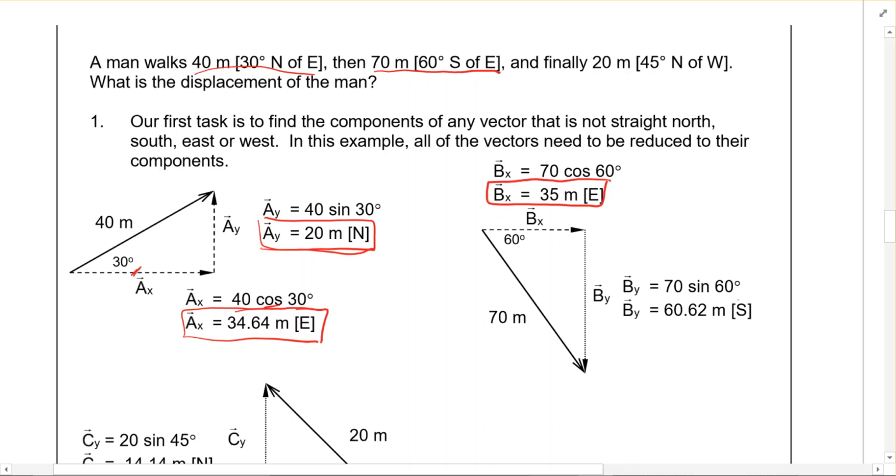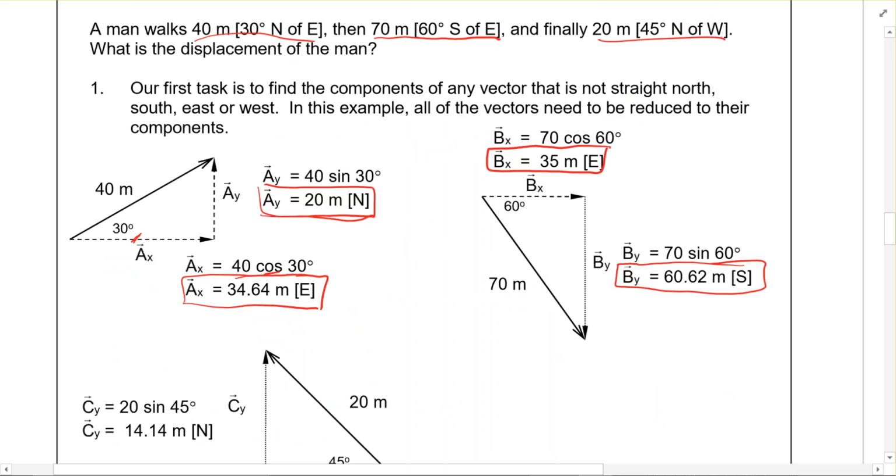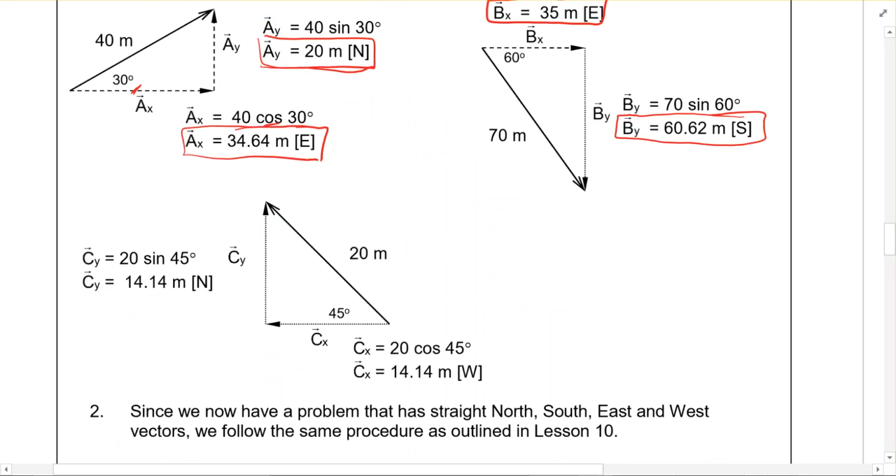The y component, it's going to be that. And then looking at the last one here, we draw another triangle. We find our y component is that. We find our x component is that. And that's it.